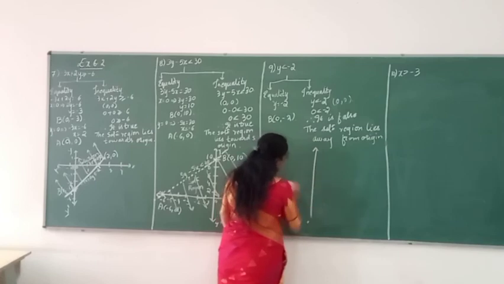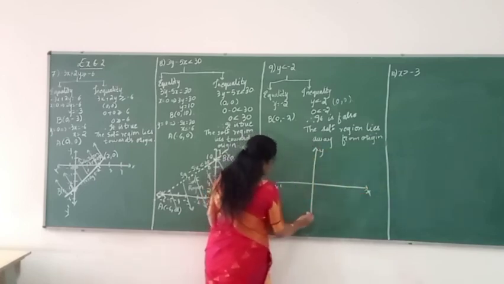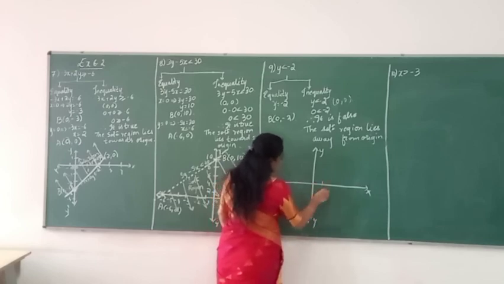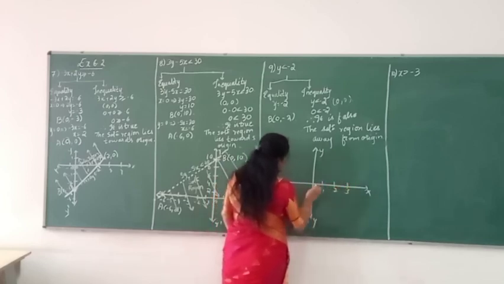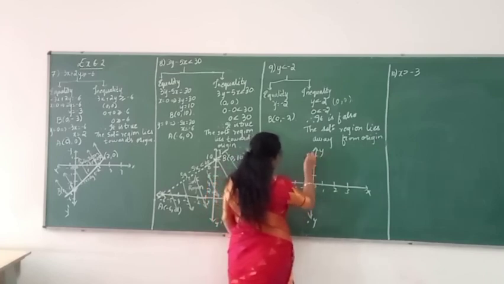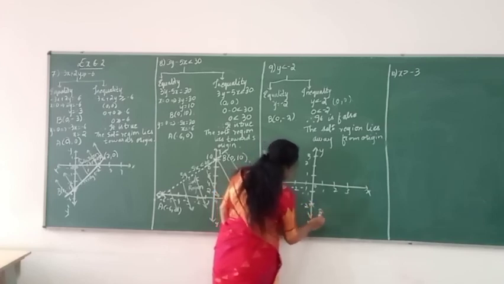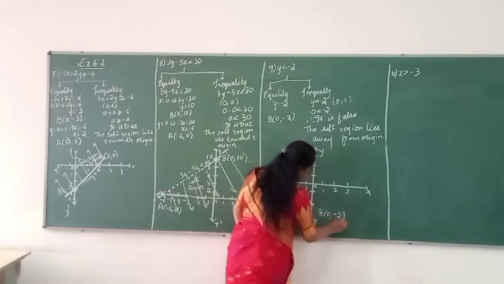Just consider the graph. 1, 2, and 3, 0, minus 1, minus 2. 1, 2, and 3, minus 1, minus 2. So here we have the coordinate point (0, minus 2).